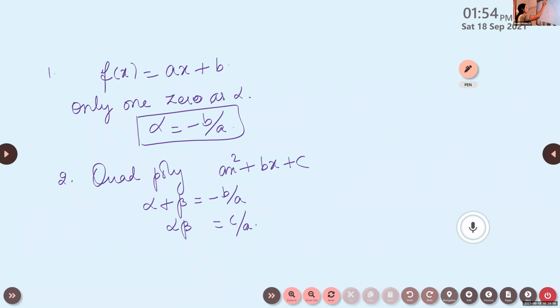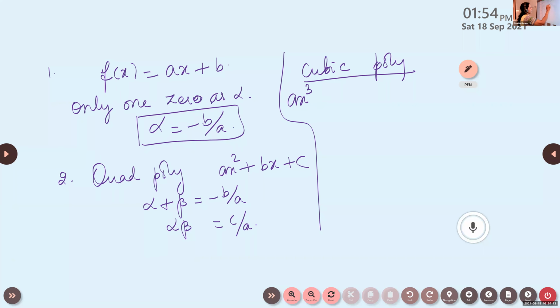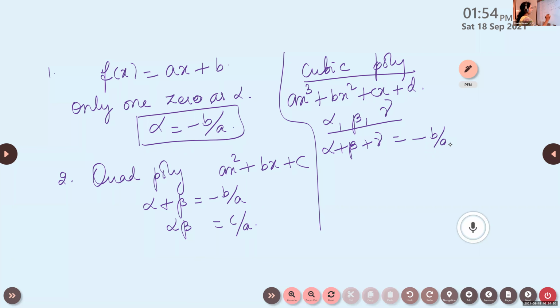And for a cubic polynomial, suppose the polynomial takes the form ax cube plus bx square plus cx plus d. We have three zeros, alpha, beta, gamma. Then the sum of the zeros, alpha plus beta plus gamma, is minus b by a.